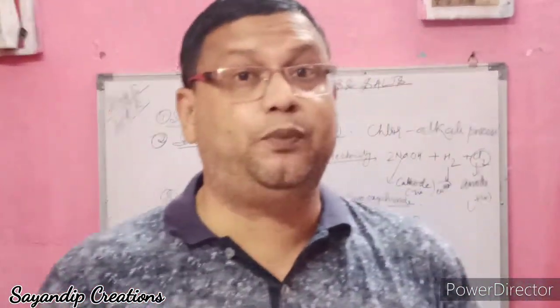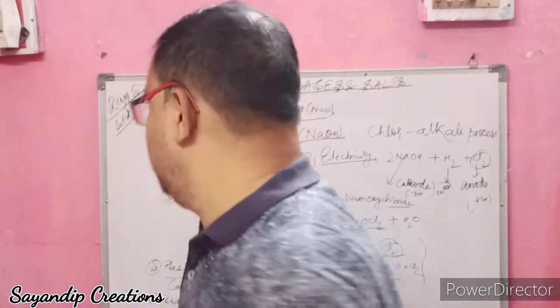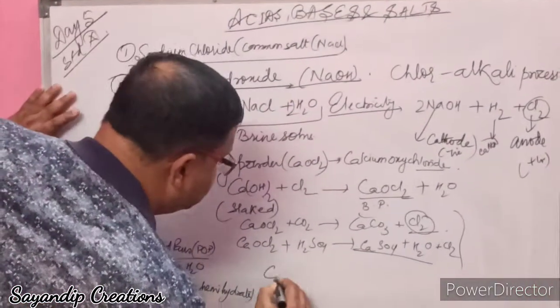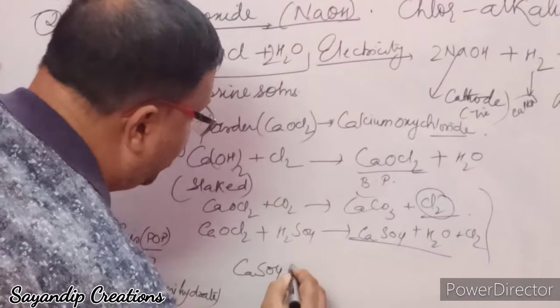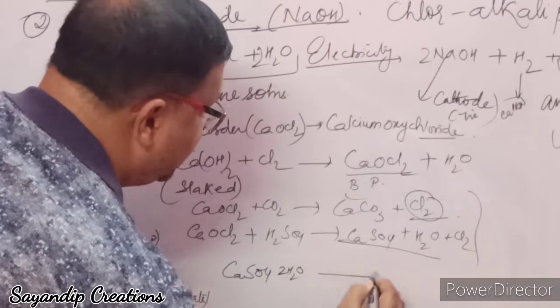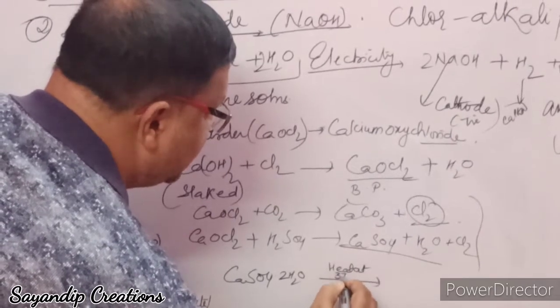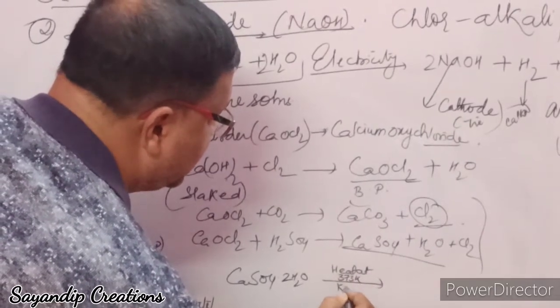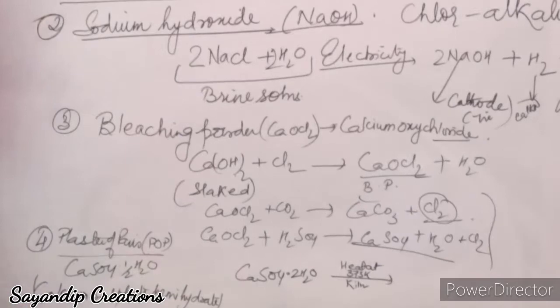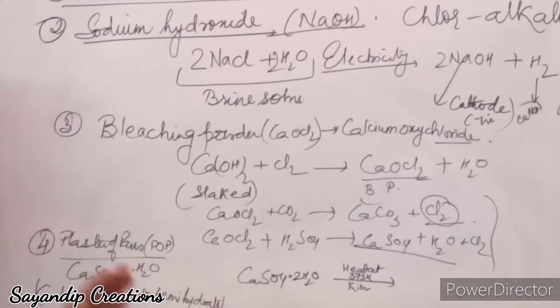What is the formula of gypsum salt? The formula of gypsum is CaSO4.2H2O. It is heated at 373 K in a kiln, where the temperature is maintained.